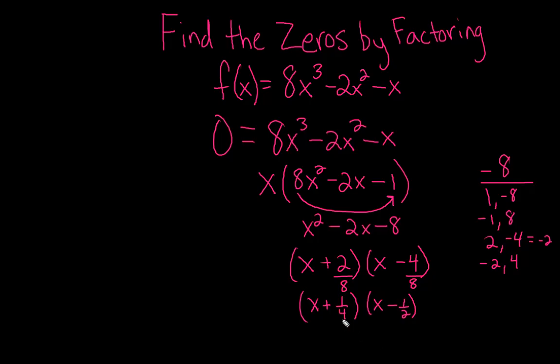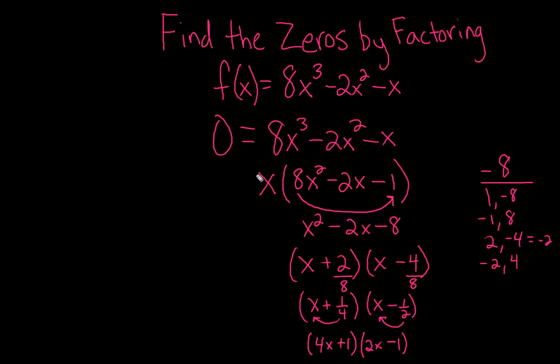From here, we don't like fractions when we factor, so we're going to take these denominators and multiply them back out in front of the x. So this becomes 4x plus 1, and over here becomes 2x minus 1. So now we have our factors that would give us back our 8x squared minus 2x minus 1.